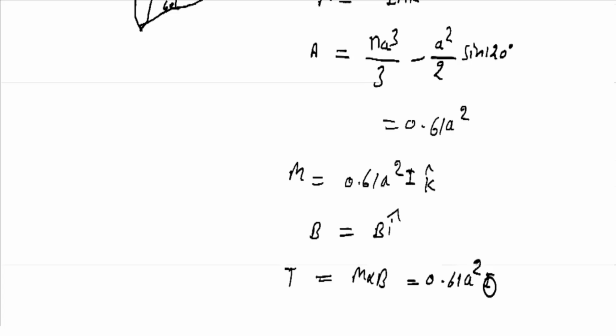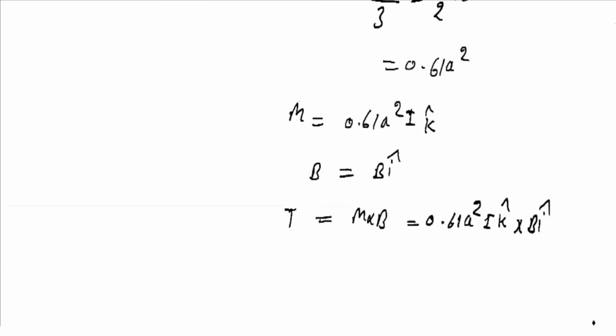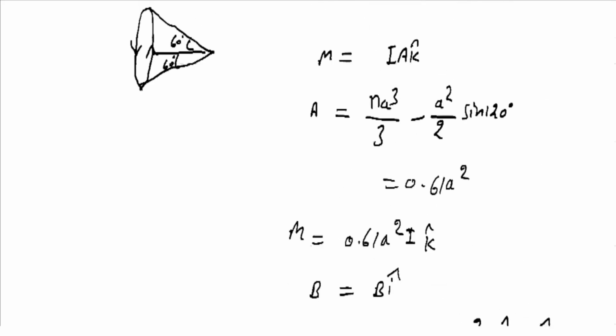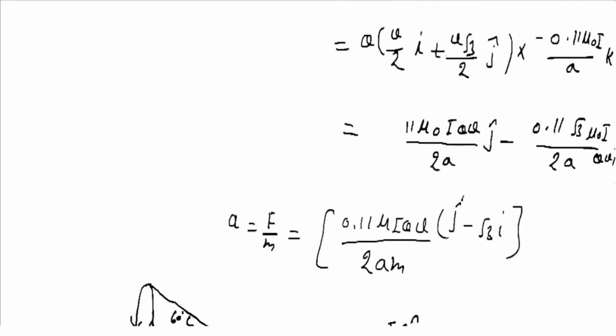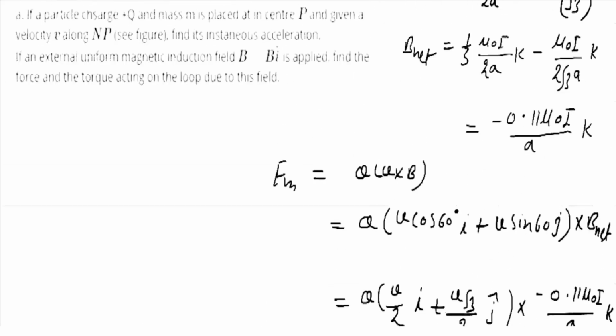Now we can find the torque. Torque equals m cross B. So we multiply 0.61 a squared I k cap by B i cap, and it comes out as 0.61 a squared I B j cap. This is the solution: the torque acting on the loop due to this field. So this is the solution of this question, guys.